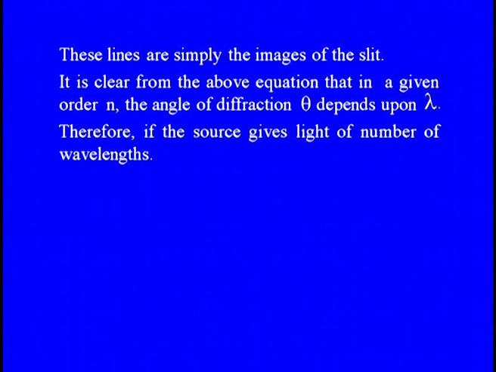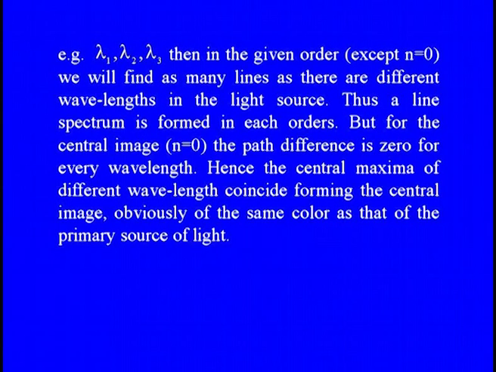It is clear from the above equation that in a given order n, the angle of diffraction θ depends upon wavelength λ. Therefore, if the source gives light of a number of wavelengths, that is λ1, λ2, λ3 and so on, then in the given order except n = 0, we will find as many lines as there are different wavelengths in the light source.